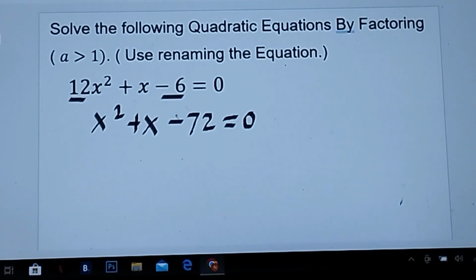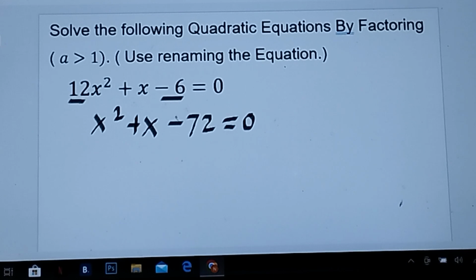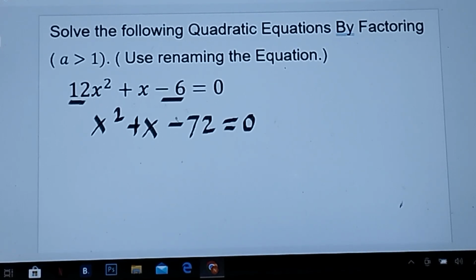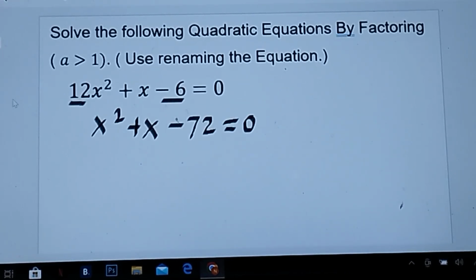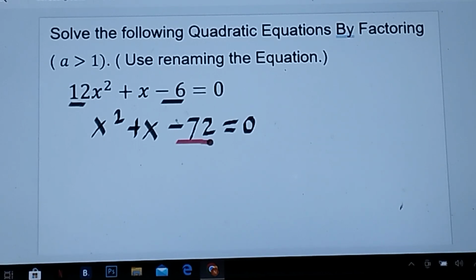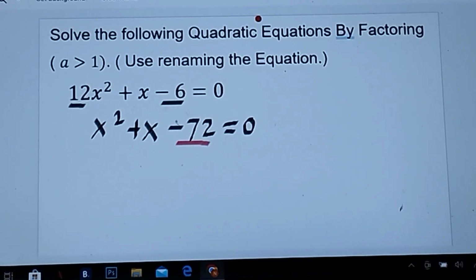Okay, so how do you factor a quadratic equation where A is equal to 1? We are dealing here with quadratic equations that are factorable. So if A is equal to 1, we just simply make use of the constant term.